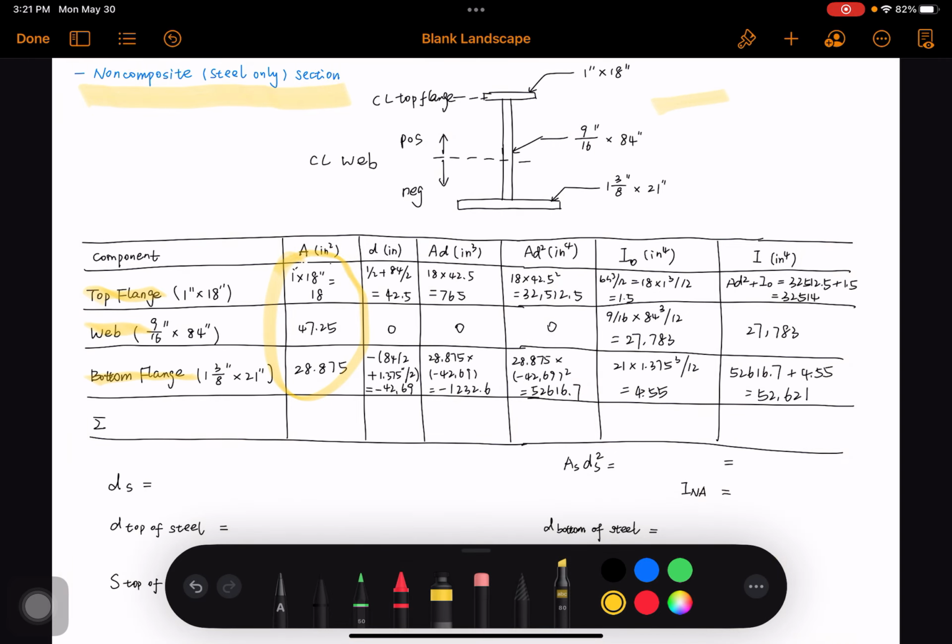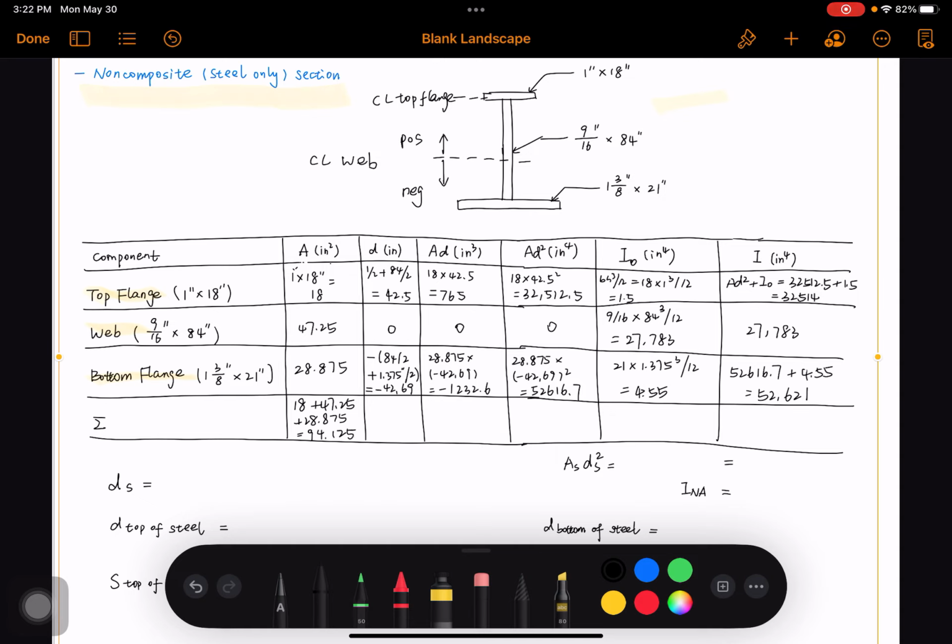So we will get the total area of the girder equal to 18 plus 47.25 plus 28.875 equal to 94.125.